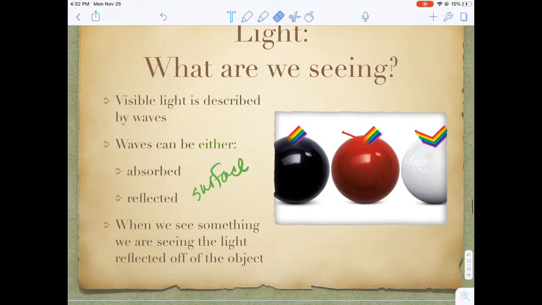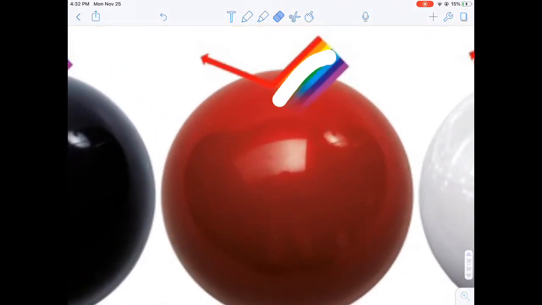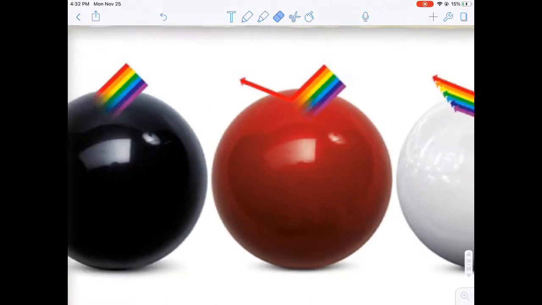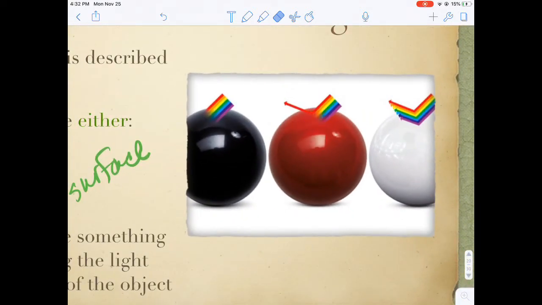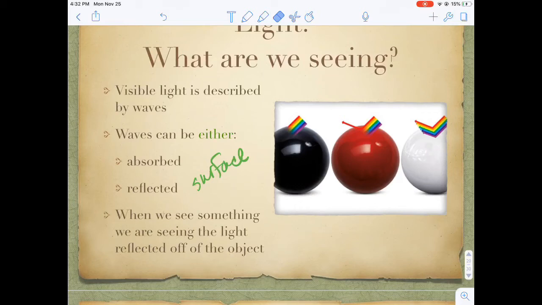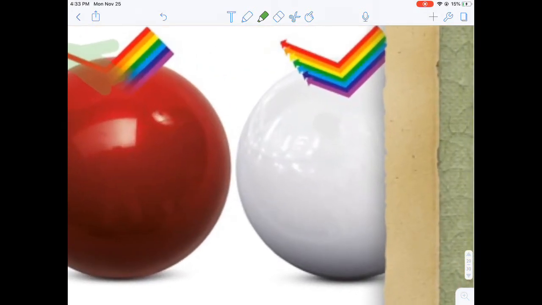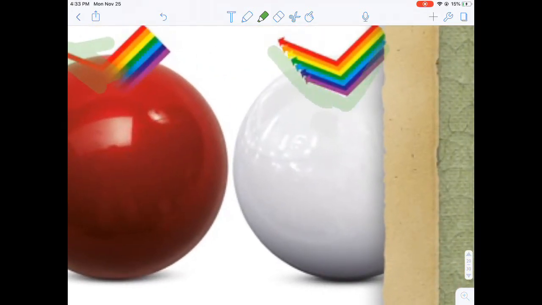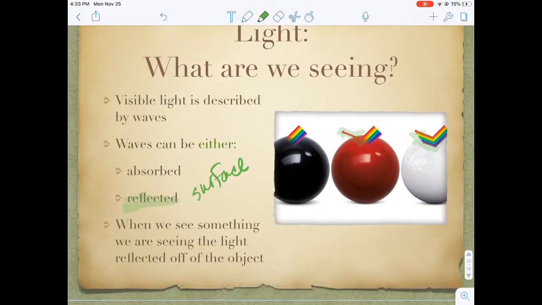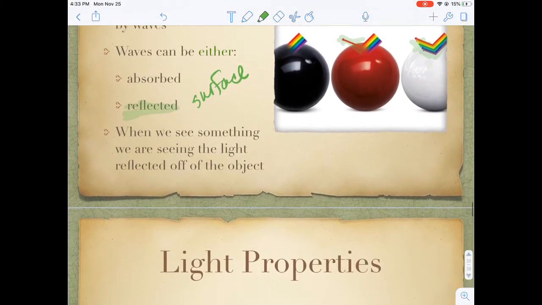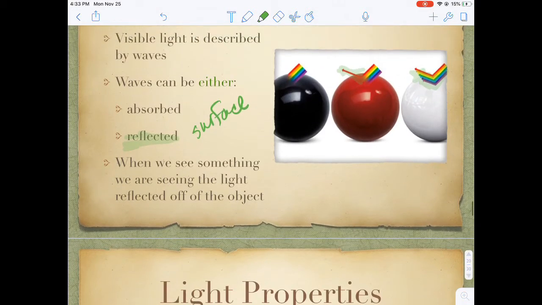The red one is absorbing all of the colors except, curiously enough, the red one. So this red arrow is being reflected. Reflection is whatever bounces off. It's not being absorbed. So we notice the white ball is reflecting all of the colors, which is why it appears white. So what we're seeing is actually only the reflected light that's hitting that object.